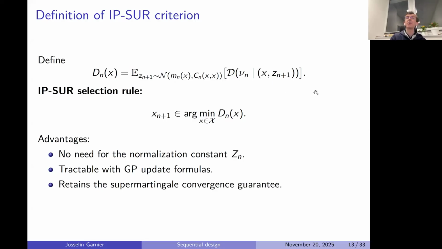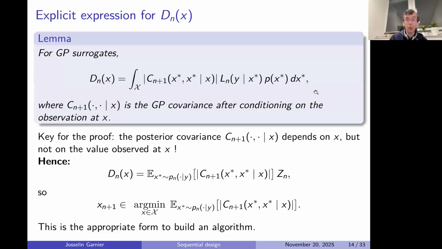Like that, it seems a little bit complicated, but in fact, no. Because when you use GP surrogate update formulas, it's not so complicated. D_n of x is just this quantity, where C_{n+1} is in fact the GP covariance after conditioning at the observation of x. Why does it suddenly become much easier?